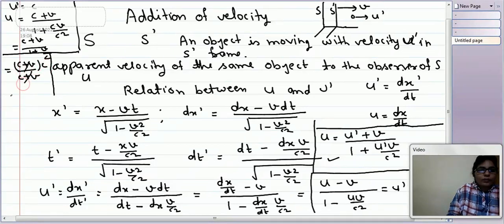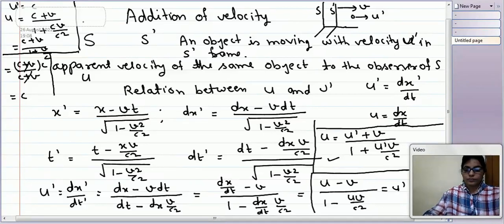So again it will be c. What we see is that if the object is moving with the speed of light, or is a light signal, then the velocity in both frames will remain c. That is, u dash is c and u is also c. This is the second postulate of the theory of relativity, that the speed of light will remain as such and will not change due to relative motion.